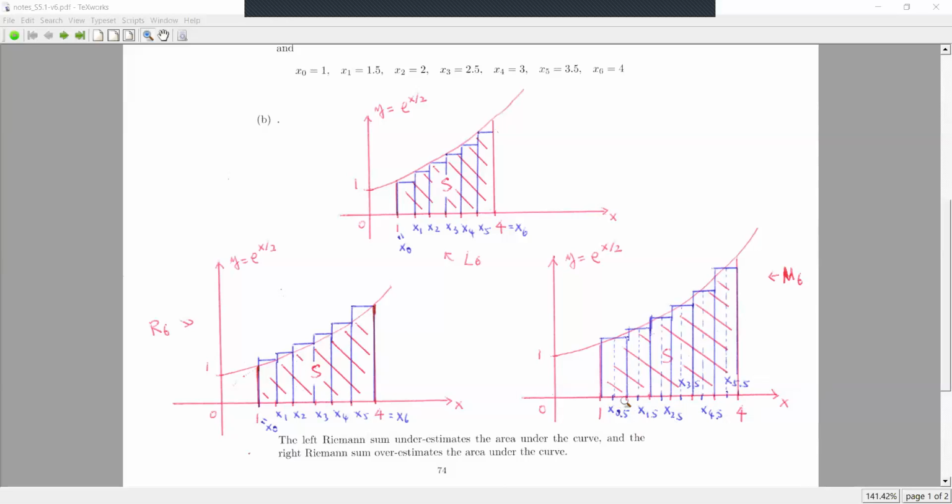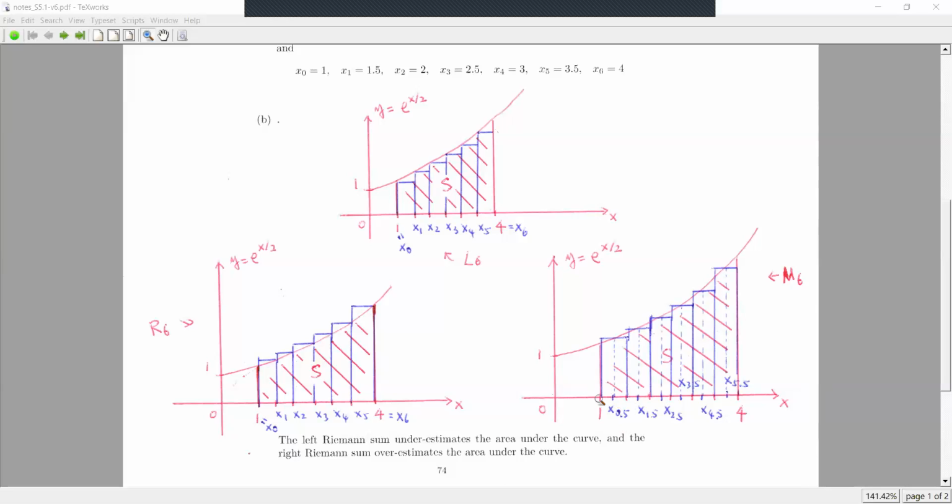Because the first subinterval's left endpoint is x0, right endpoint is x1, I use this notation x0.5 to denote the midpoint. Then what is the value of x0.5? What is the value of the midpoint?